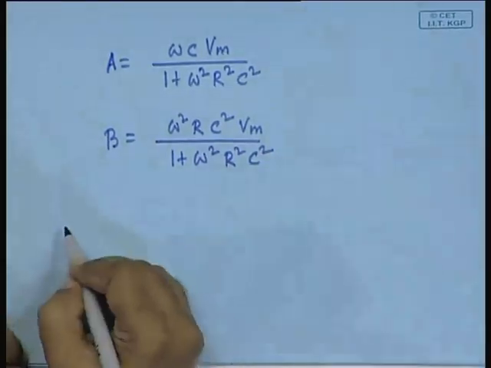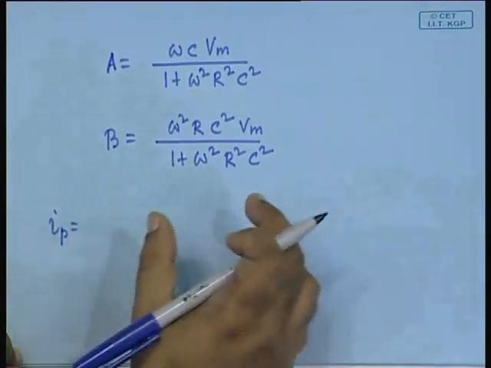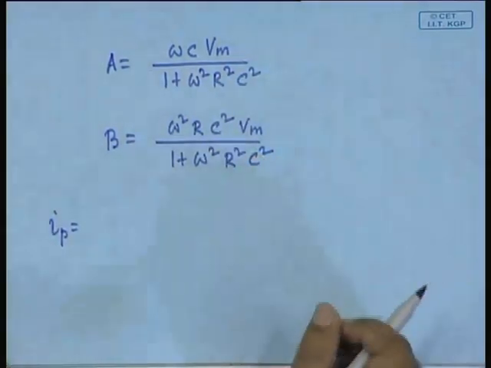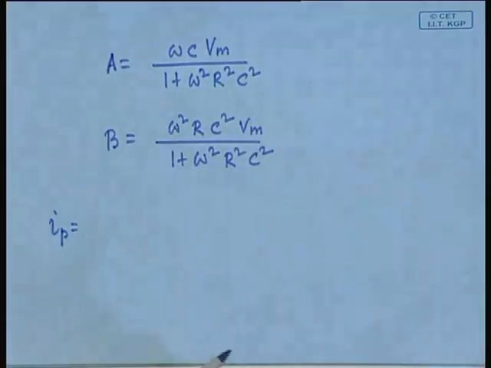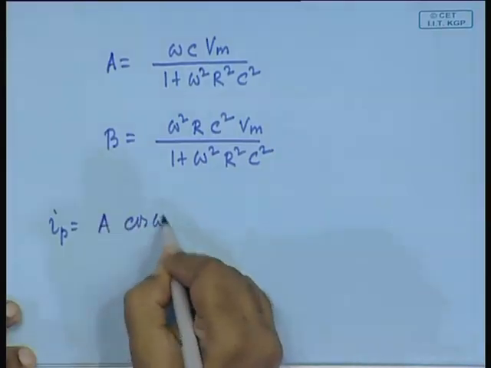So, your solution is Ip is A cos omega t plus B sin omega t, that is it, fine.